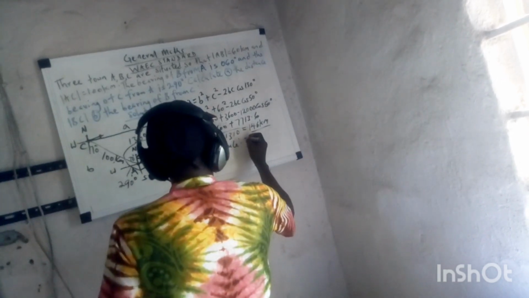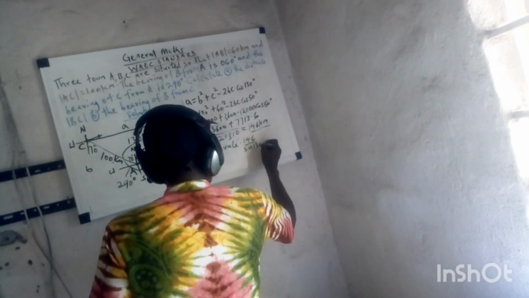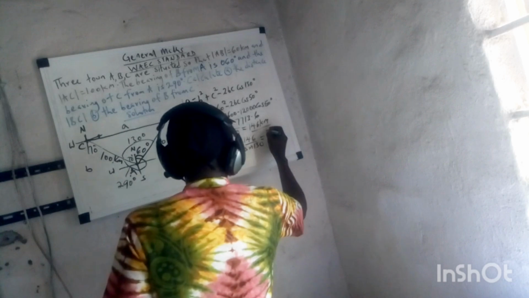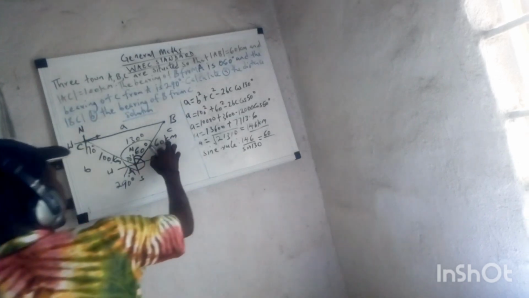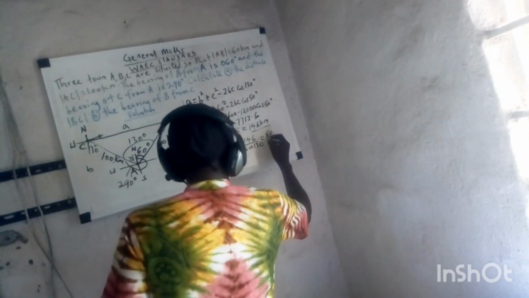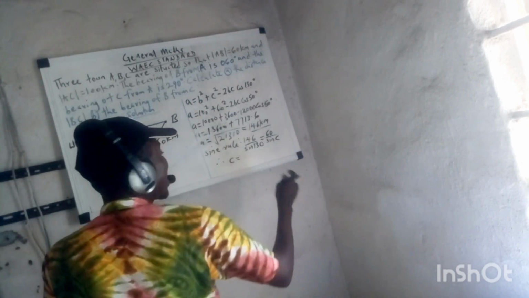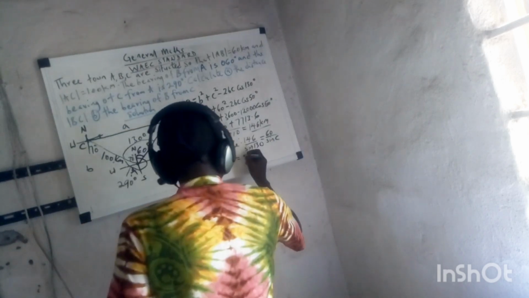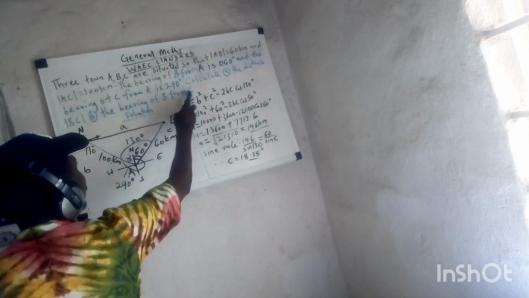We have 146 over sine 130 equals side 60 over sine C. By the time you cross multiply and ensure the equation becomes linear, you get C. C becomes 18.35 degrees.